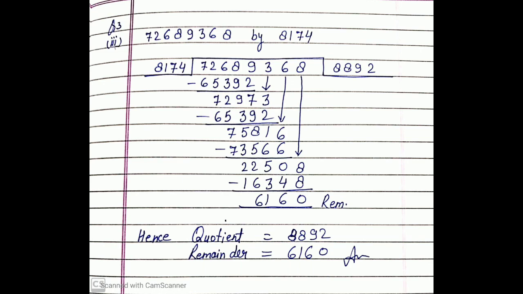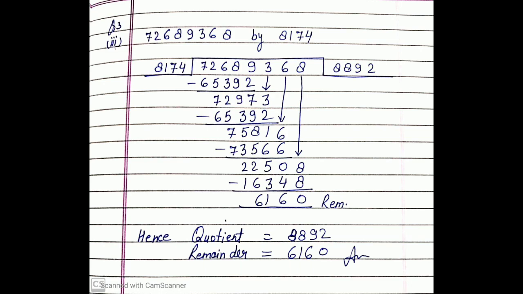Here in the next part also, we follow the same procedure. First we compare the numbers. See, in the divisor 4 digits are there, so we compare the leftmost 4 digits, which is 7268, which is less than the divisor, so we take one more number.